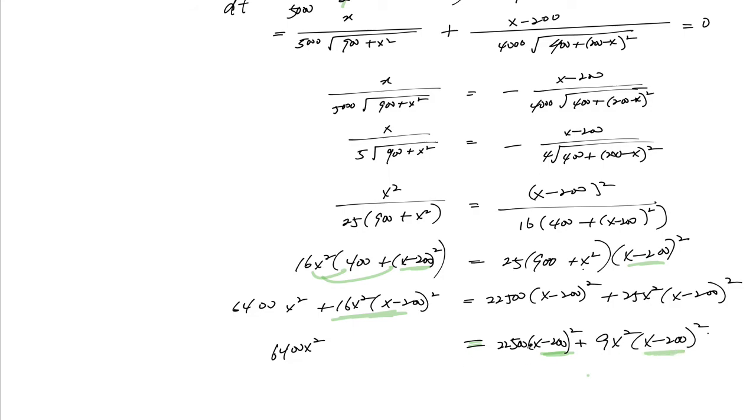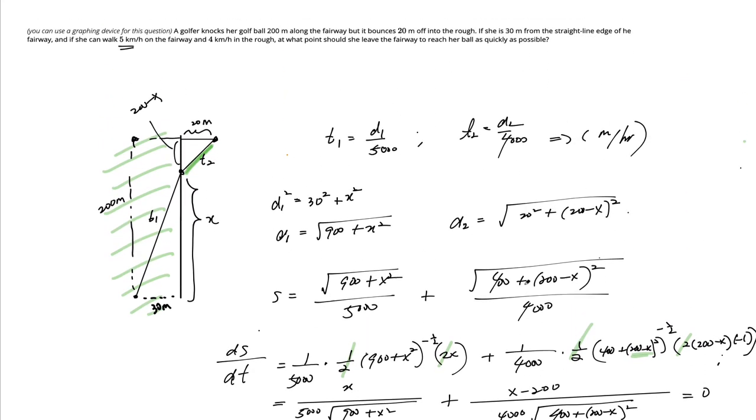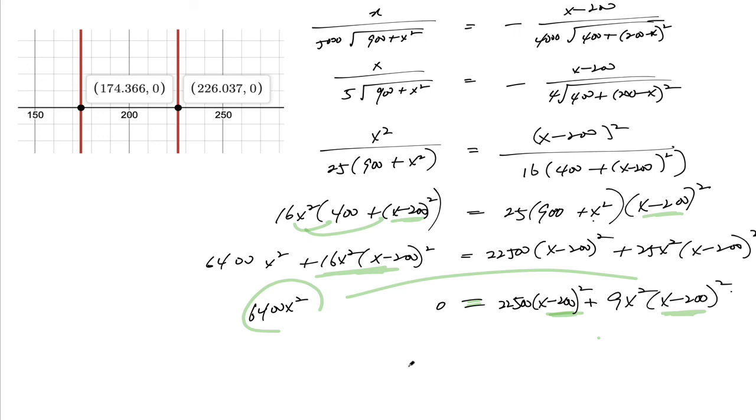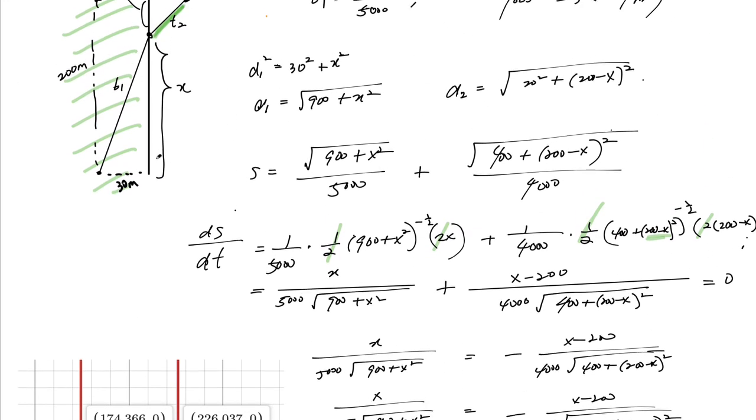So if you go to the top of the question, you can use a graphing device for this question. As I simplify, I realize it's going to get really messy when I expand the squares, so that's probably why it says that. So if you have a graphing device, bring this over to the other side as a negative and set that equal to 0. I graphed it on Desmos, and I got these two values, but my x has to be between 0 and 200.